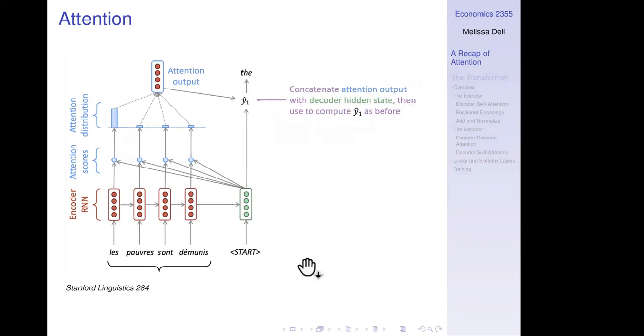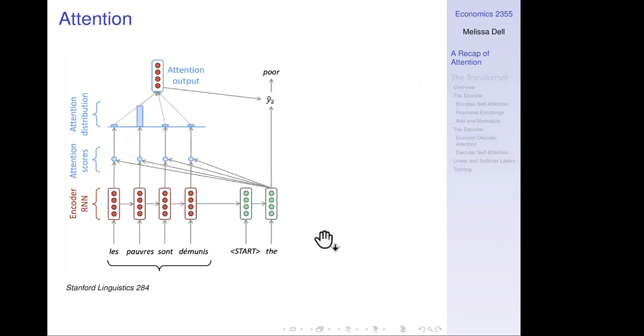And we concatenate the attention output with the first decoder hidden state, which comes from the encoder and the start token, and that gives us the first word of the sentence. And then we just repeat this with each word of the sentence.